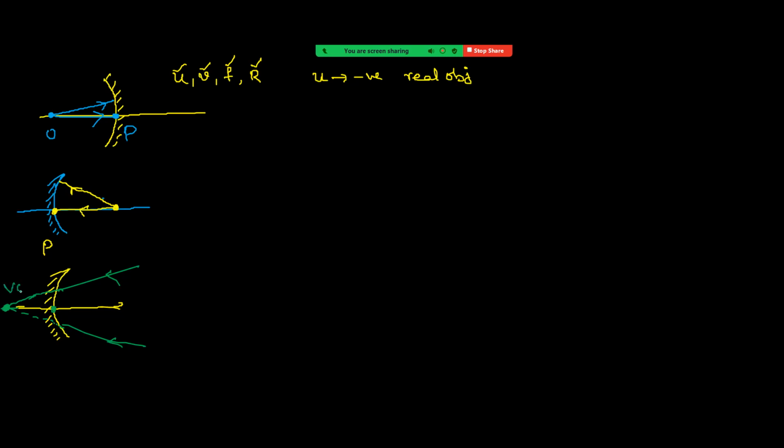It is a virtual object. That means u is positive for a virtual object. So u is negative for a real object, u is positive for a virtual object. Virtual means a converging beam falls on the mirror.